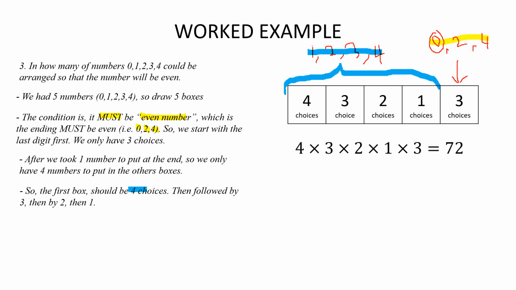To calculate, we can use factorial, which is 4 times 3 times 2 times 1, which is 4 factorial, and then times 3, which is 72.